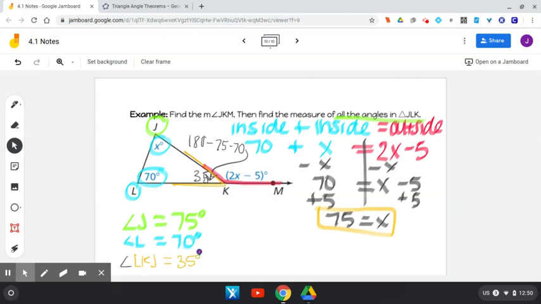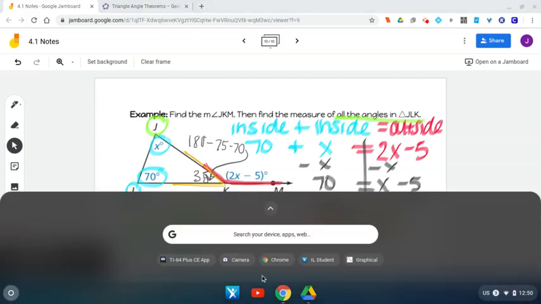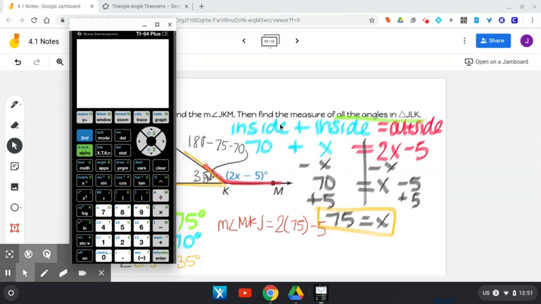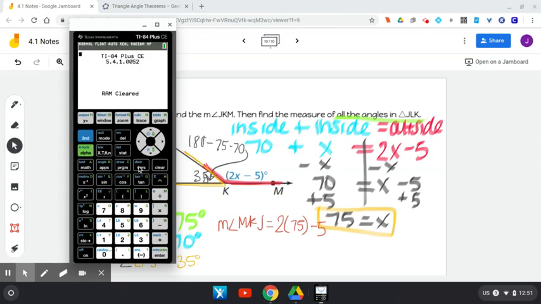If I wanted to find that exterior angle, I know it doesn't ask me to, but the measure of angle MKJ is 2x minus 5. So I know that x is 75. So I just plug in 75, and I can plug that all in on my calculator. 2 times 75 minus 5. Ooh, I did negative 5.